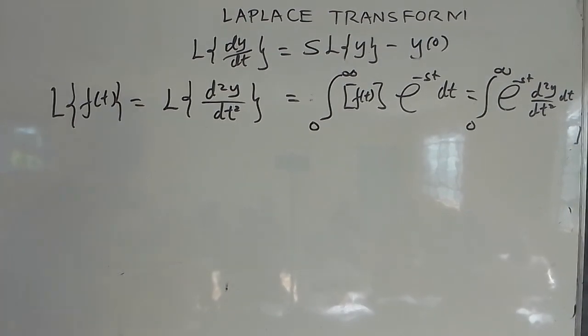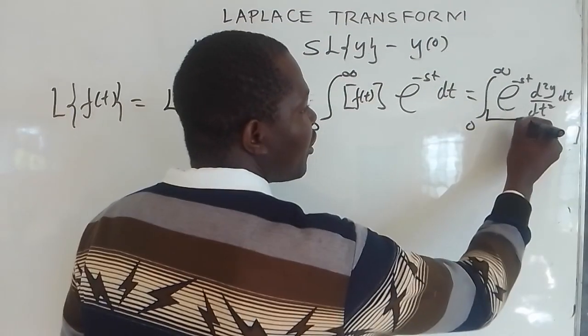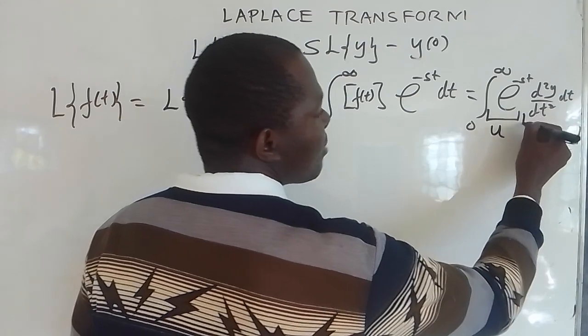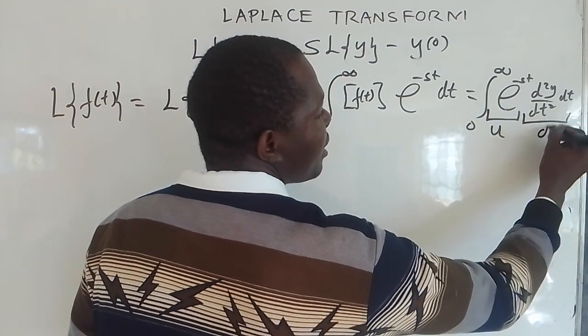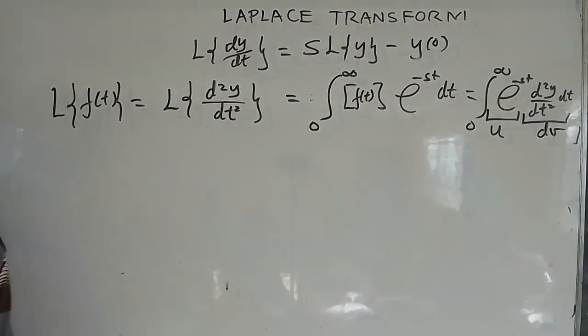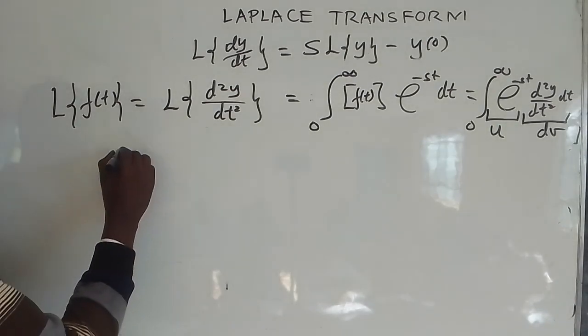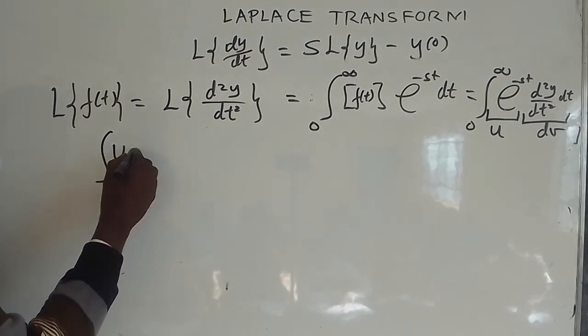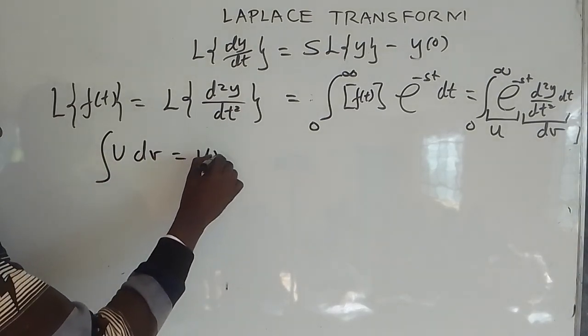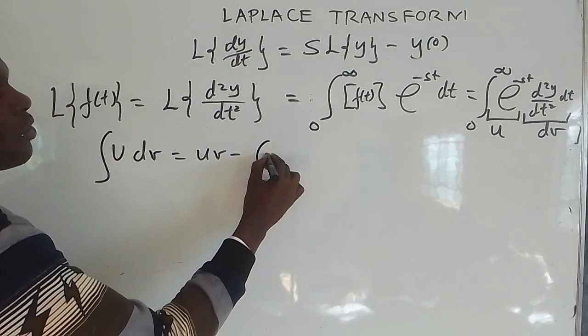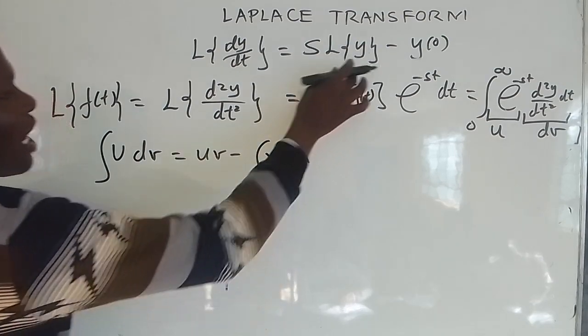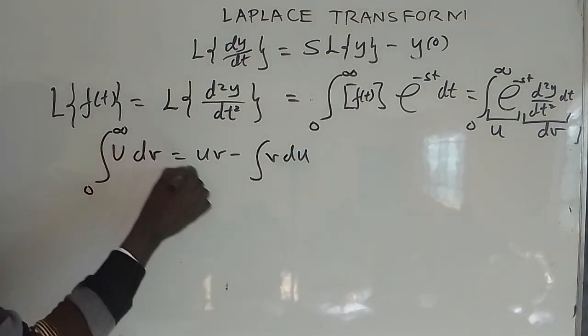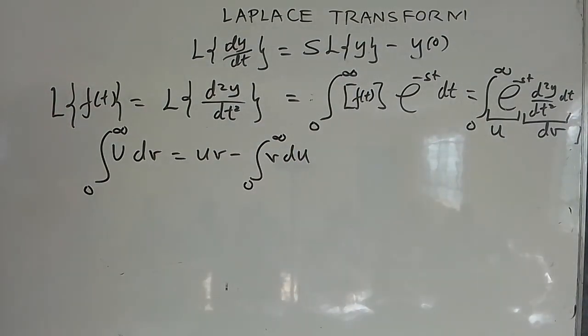So from there, you see your exponential negative st becomes u, then the remaining part becomes dv, isn't it? So you know very well that if you have integral of u dv, you are supposed to get uv minus integral of v du. So our limits of Laplace transform are from 0 to infinity. So we just substitute the values, isn't it?